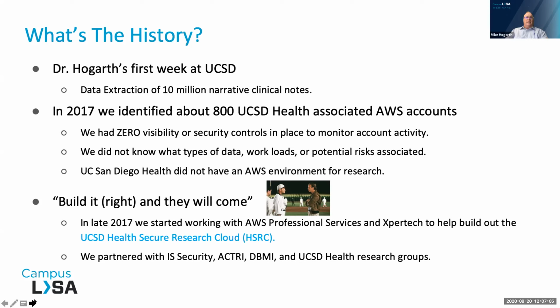Yeah, certainly. On my first week, my 5th day actually at UCSD, I saw a colleague from my division come to the ACTRI with a flash drive and then walk away. When I asked what that was about, it was an approved data extraction, IRB approved, of 10 million clinical notes with full PHI.